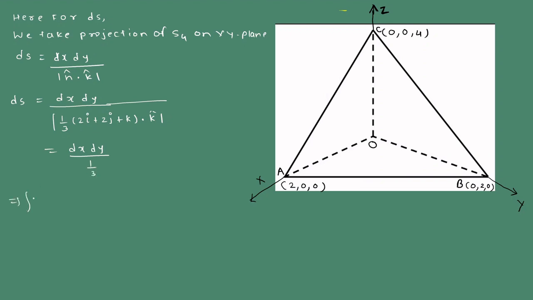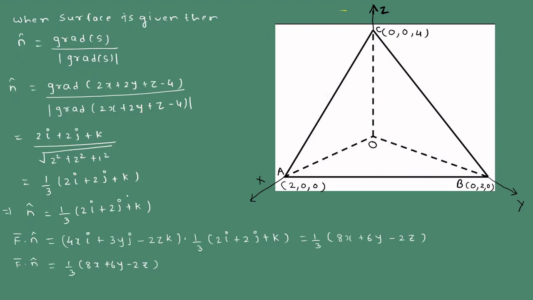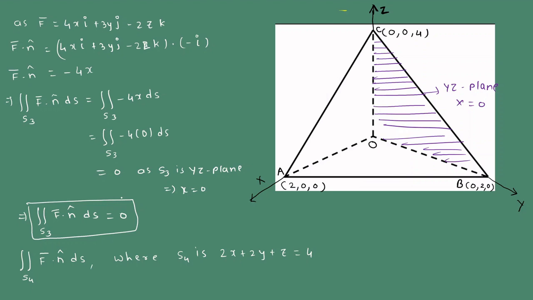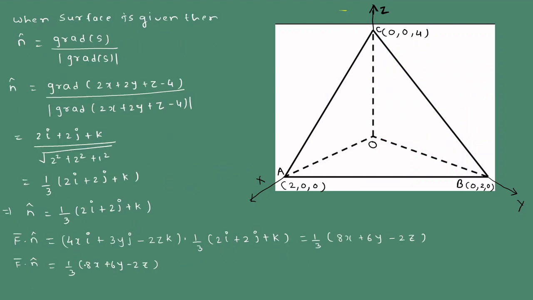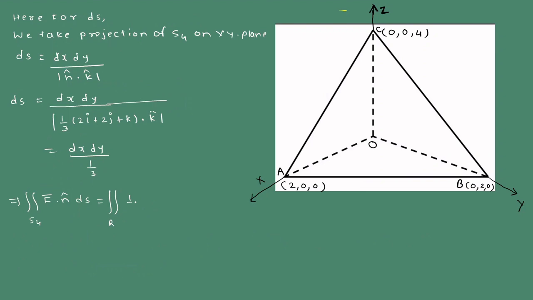So this implies double integration over S4 of f bar dot n cap ds is equal to double integration over region R in the xy plane. What is f bar dot n cap? It is 1 by 3 (8x plus 6y minus 2z) into dx dy upon 1 by 3.